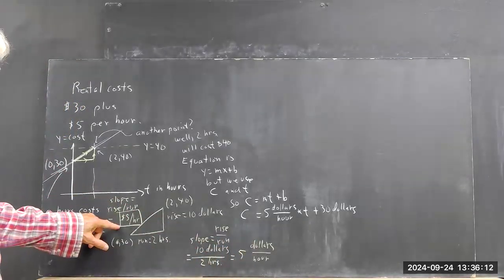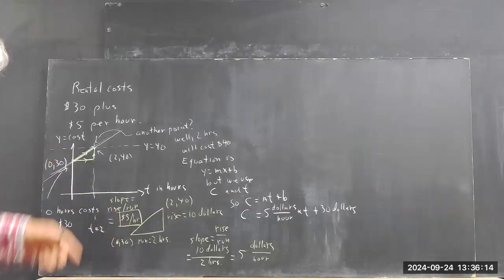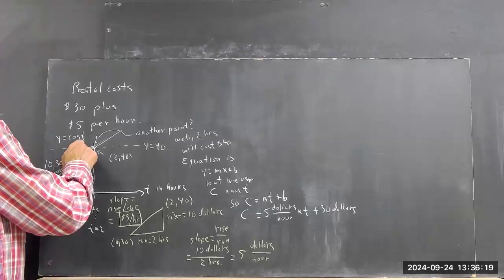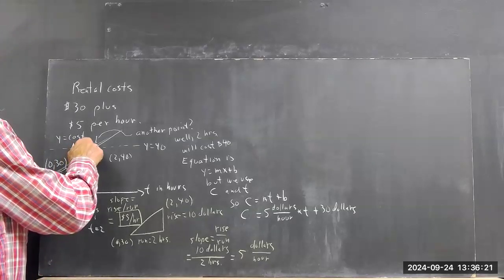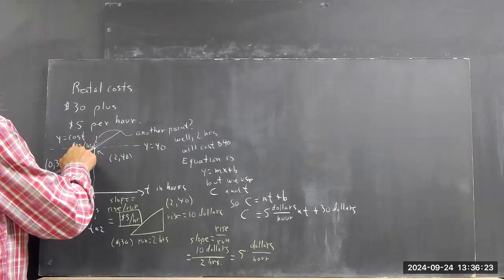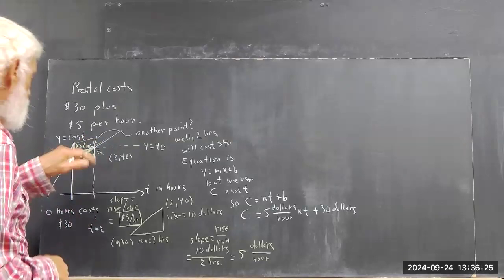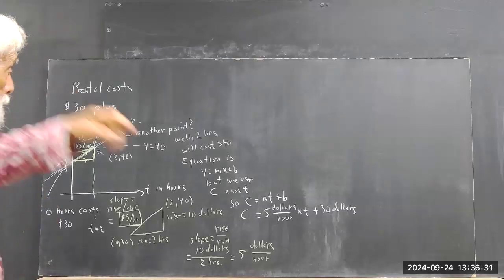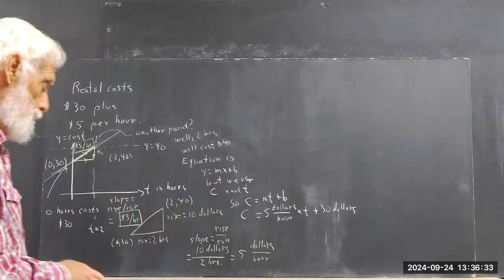So I'll put that on my triangle, and I will put it in the box on my original graph. Well, how do you get the equation? The equation is y equals mx plus b.